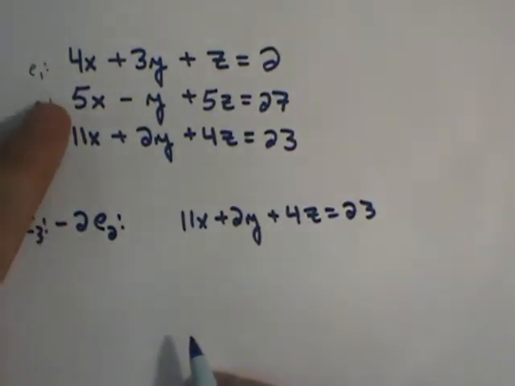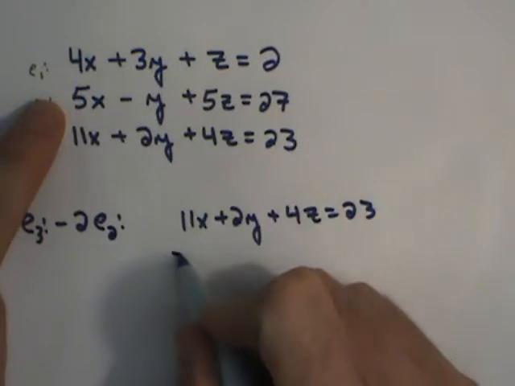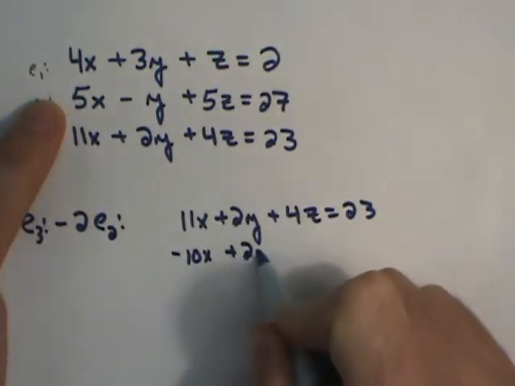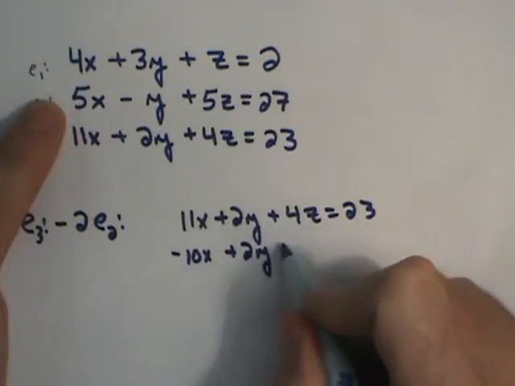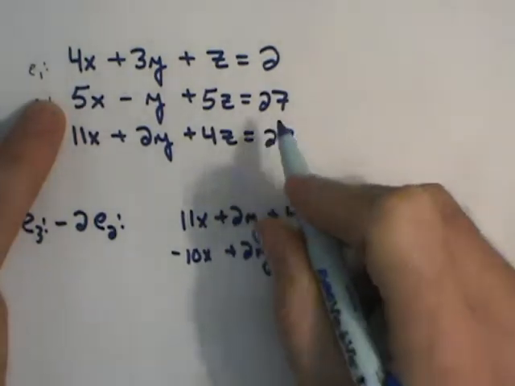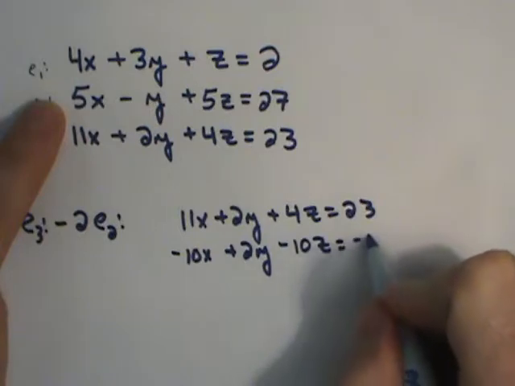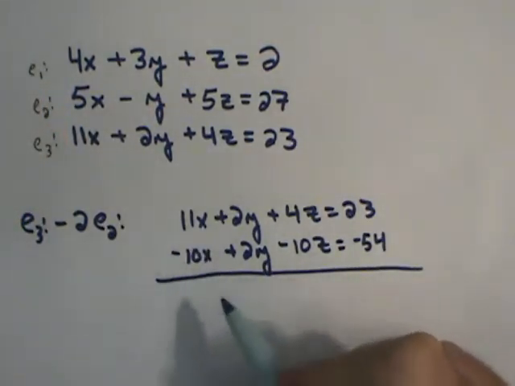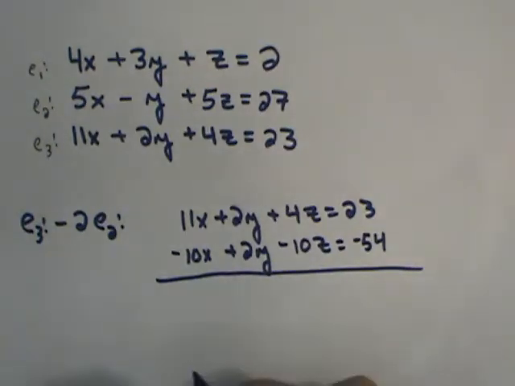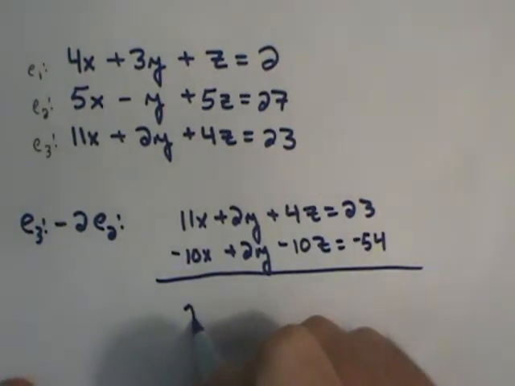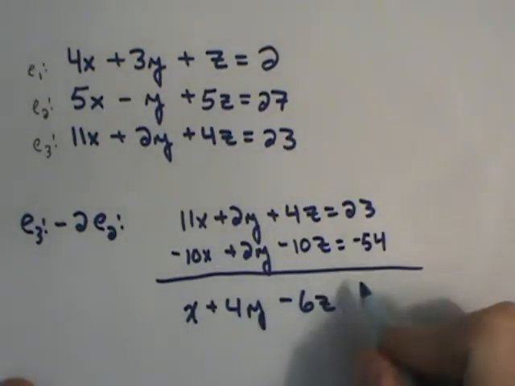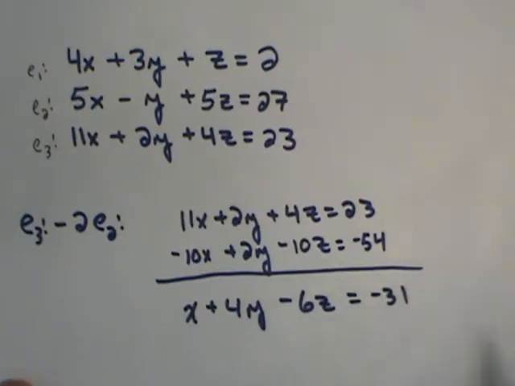As I multiply the second equation by -2, I get -10x plus 2y minus 10z equaling -54. Now as I simplify this, I'm just combining the terms. I get this equation, which would be 1x, or x, plus 4y minus 6z equaling -31.